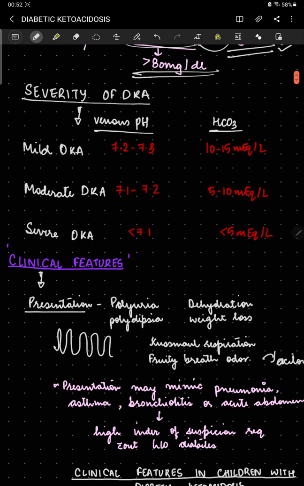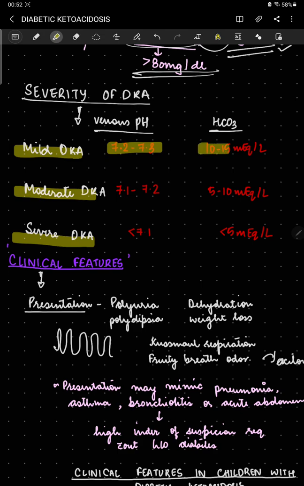Now coming on to the severity of DKA. The DKA is classified into mild DKA, moderate DKA, and severe DKA. We call it mild when the venous pH is 7.2 to 7.3. The serum bicarb levels are 10 to 15 milligrams per liter.